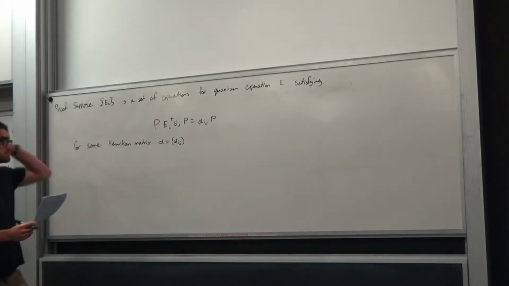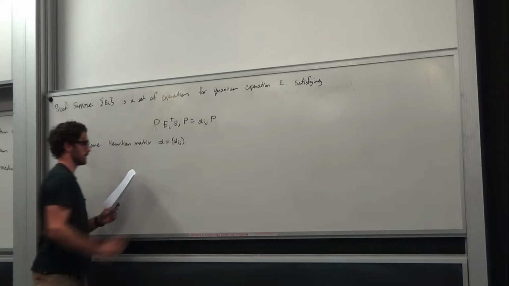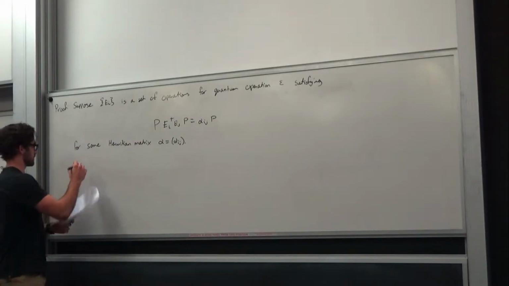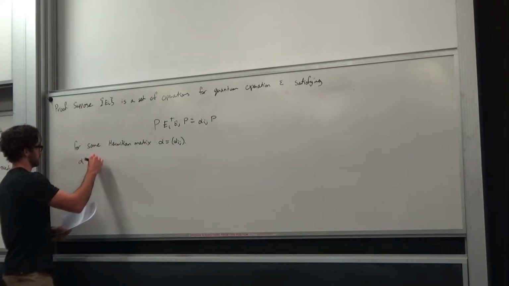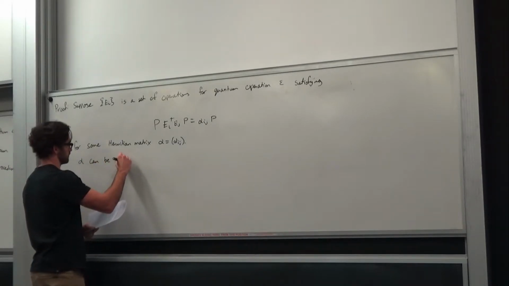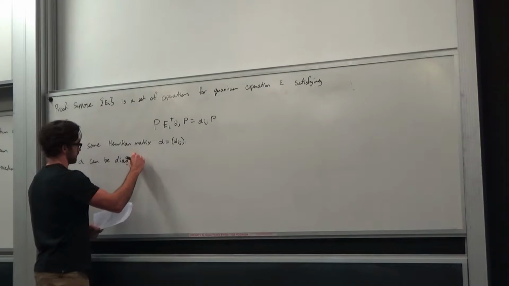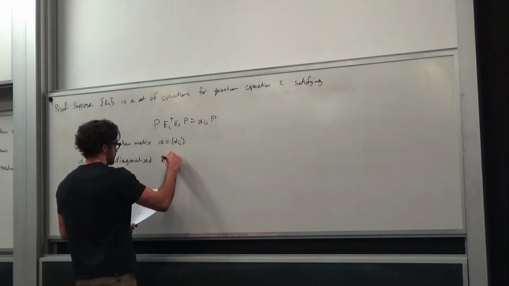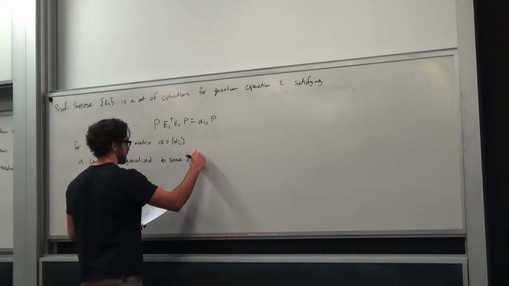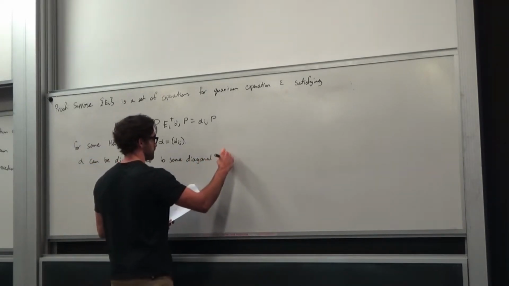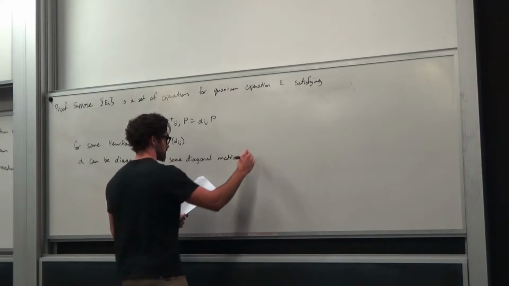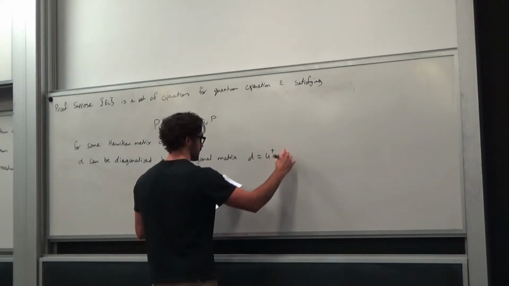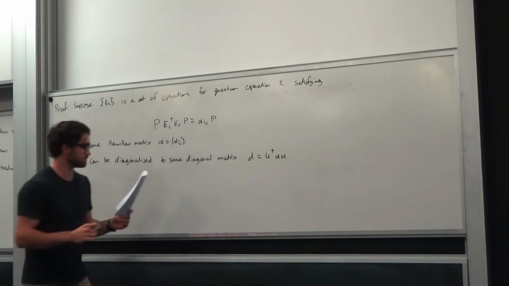All right, so supposing this holds, now we can diagonalize this matrix alpha, diagonalize it to some matrix D. That U is unitary.